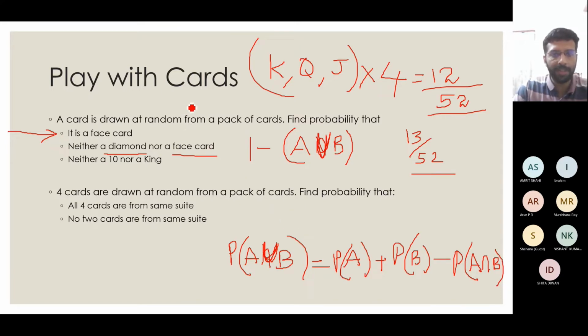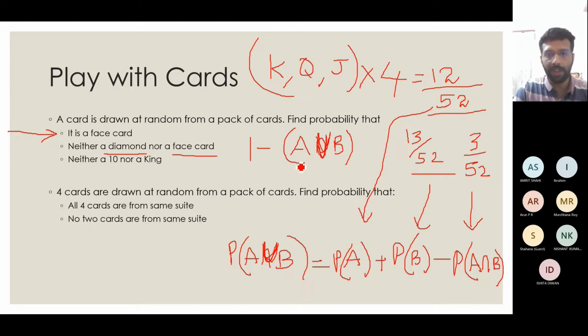There's a king, queen and jack in diamond, so 3 out of 52 is my third factor here. I have my first factor as 12 by 52, second factor as 13 by 52, and third factor as 3 by 52. So finally the union is 12 plus 13 minus 3, that is 22, right? 22 out of 52. My question is for the cards which are neither a diamond nor a face card.